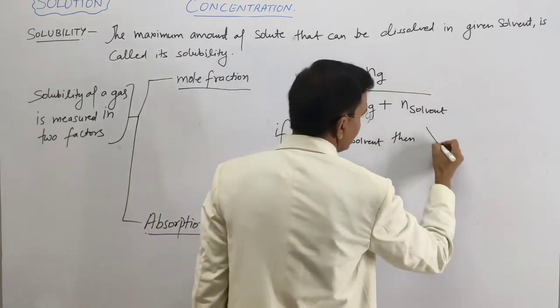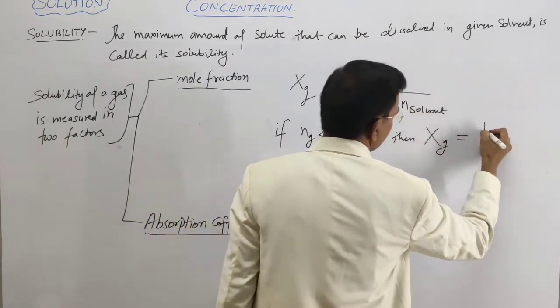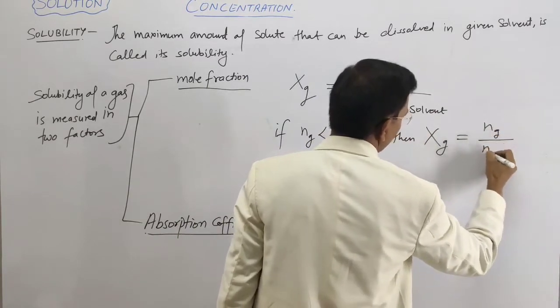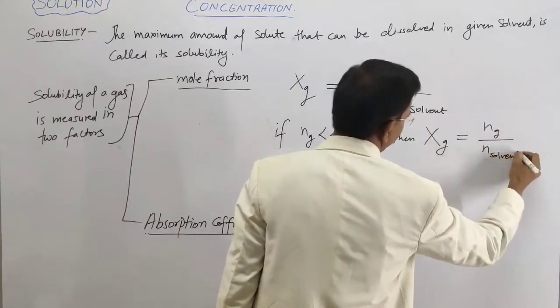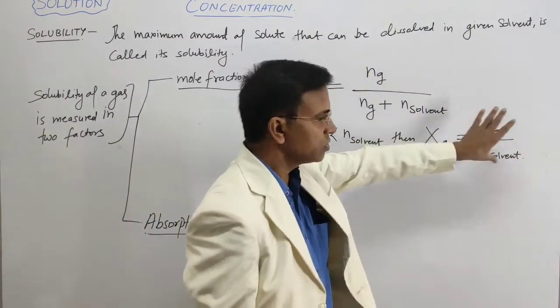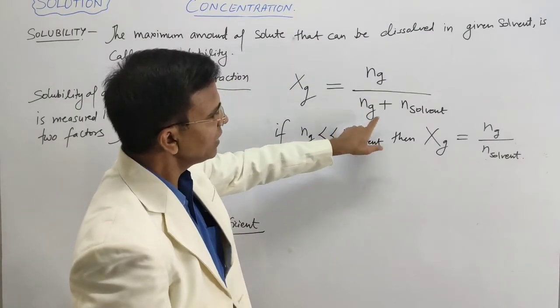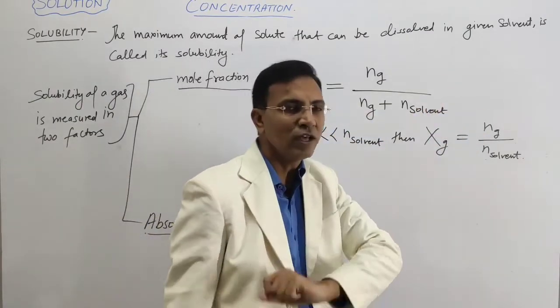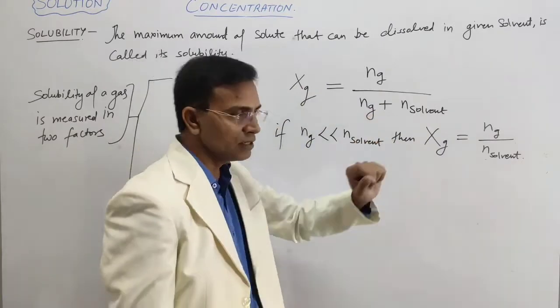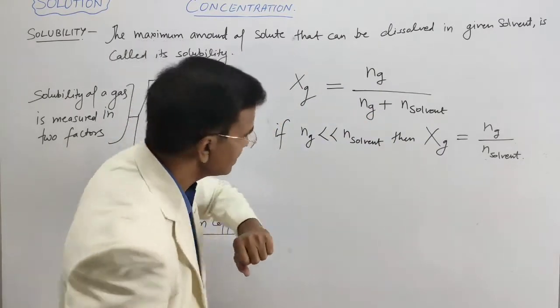So here X gas, the mole fraction of gas, is equal to moles of gas upon moles of solvent. Both are correct. If moles of gas in comparison to moles of solvent is very less, then for calculation easiness, you may neglect the moles of gas.